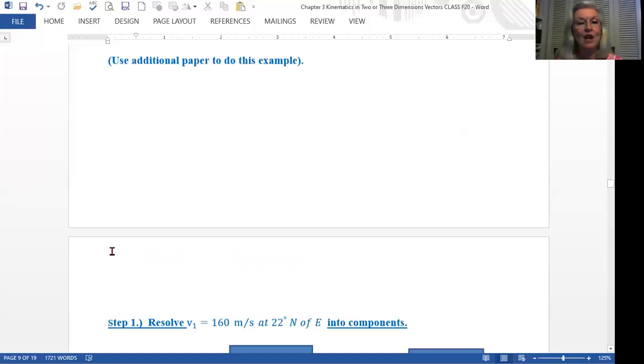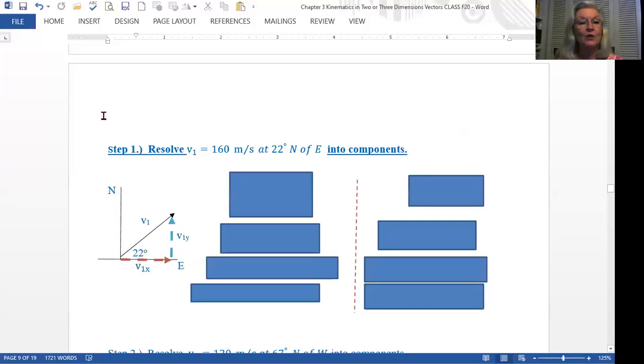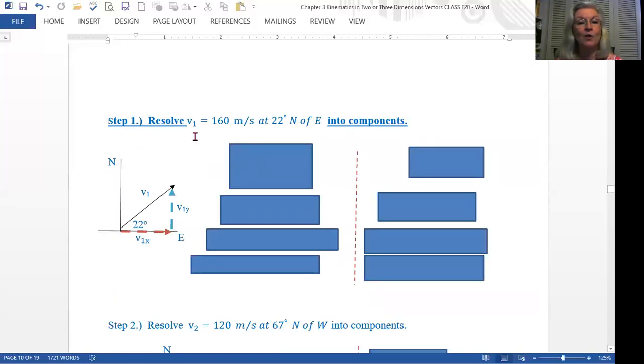First thing we do is sketch the vector. We're going to resolve vector 1, which to remind us is 160 meters per second at 22 degrees north of east, into components. Because it says north of east, I only drew in the north and east part of the north, south, east, west coordinate system.